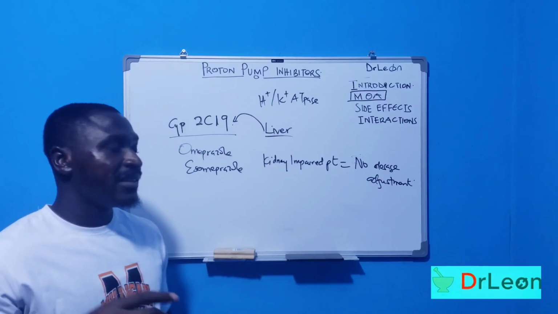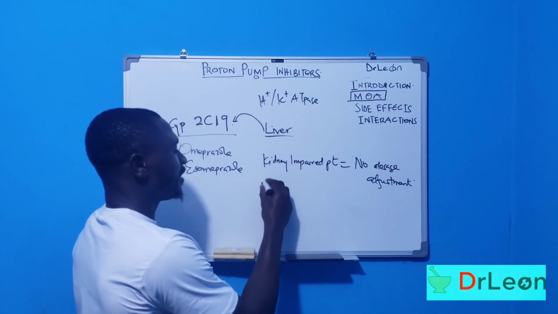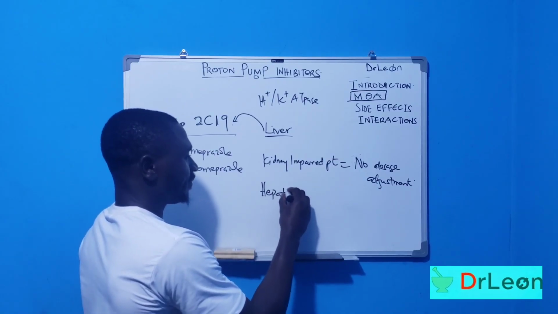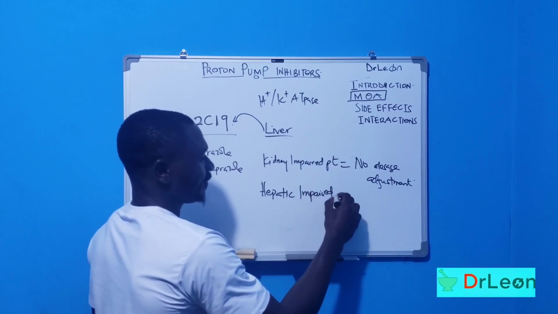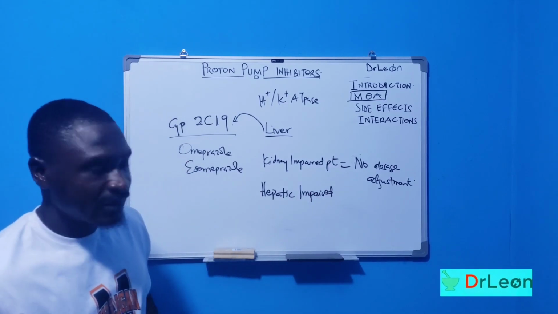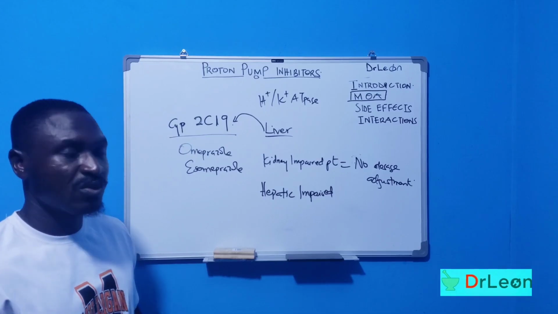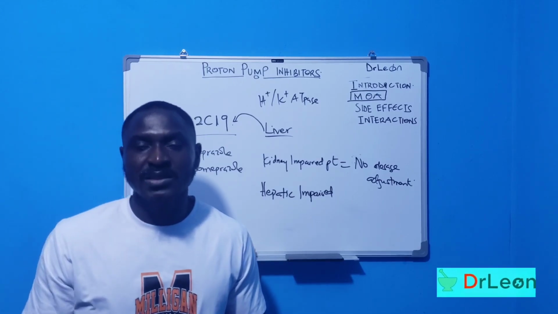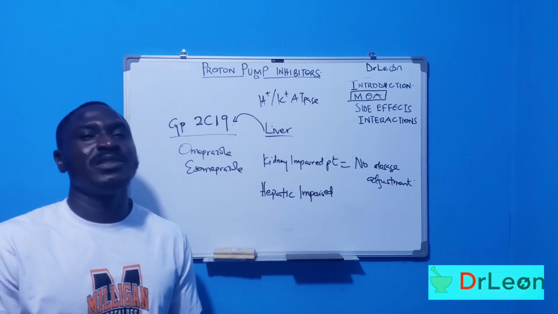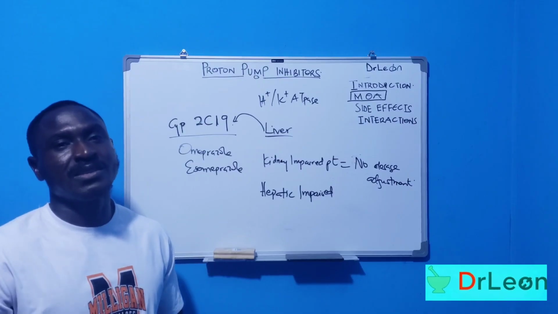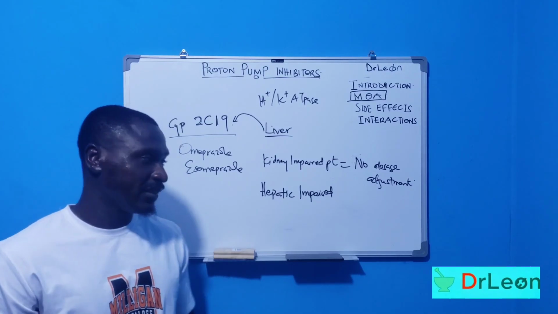There is a problem if we have a patient who is hepatic impaired. So for such patients, we have to be cautious, or we have to reduce the dosage so that higher levels of the drug will not be in the patient's system to cause harmful effects.